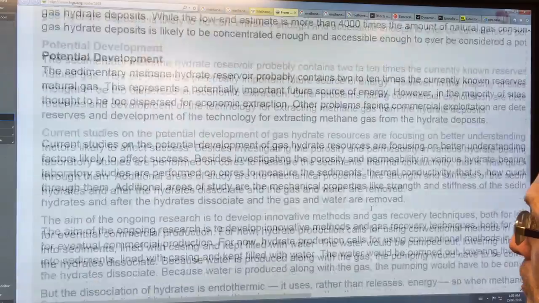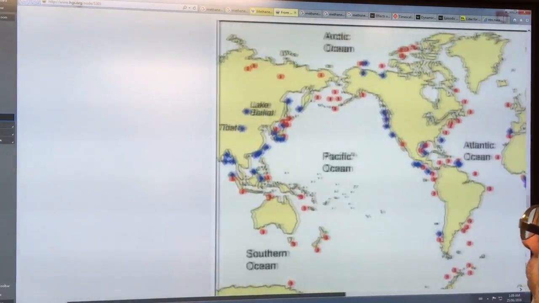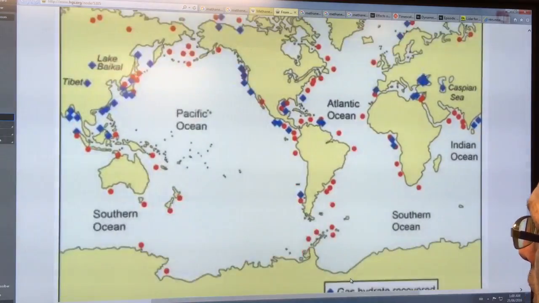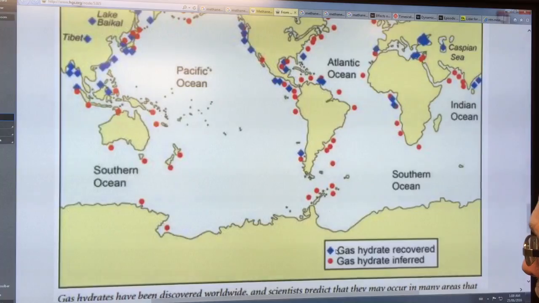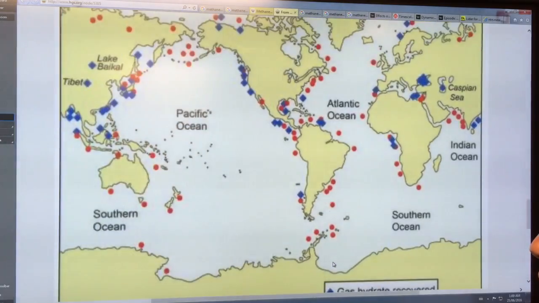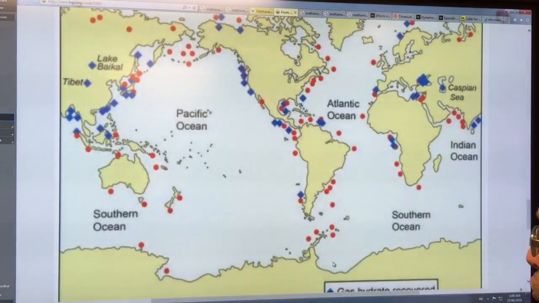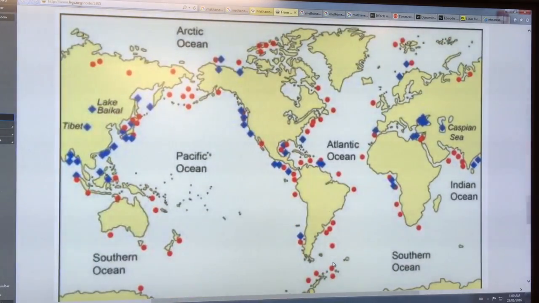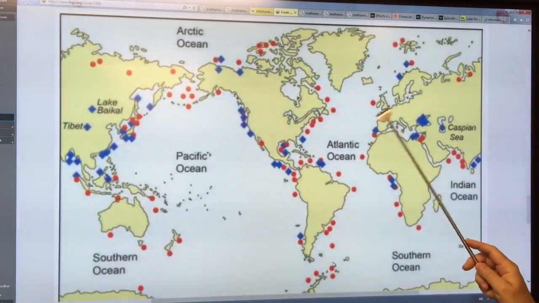So where is this stuff? This shows some of the distribution of it. Gas hydrates have been recovered from the blue triangles, and from the red circles, gas hydrates are inferred. So these are hydrates worldwide, and you can see the distribution of them. They're on the continental margins where the water is fairly shallow.